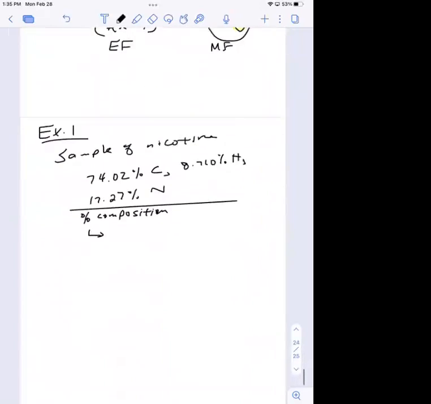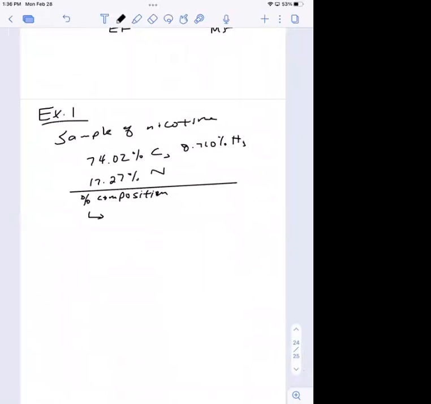So this is the given information for this problem. First thing they give us is the percent composition. So from this, we can find the empirical formula.